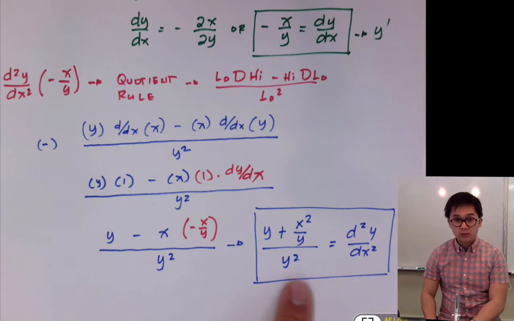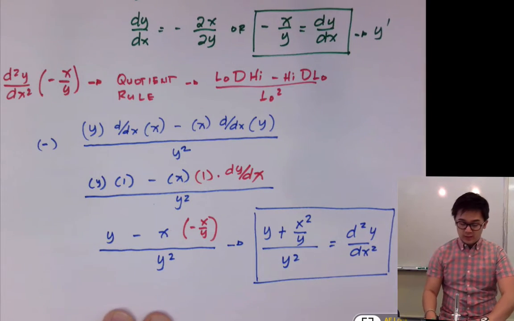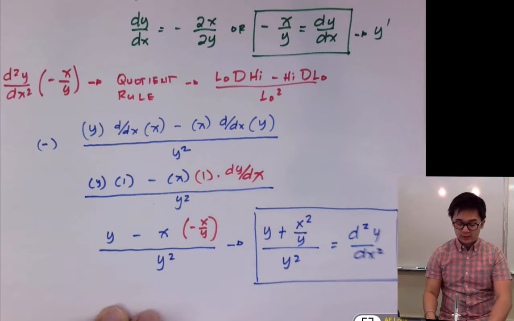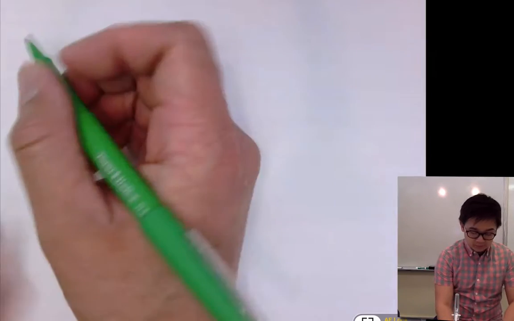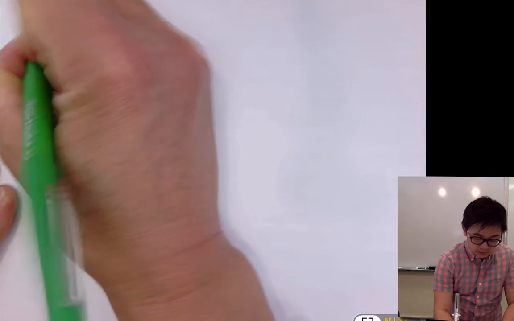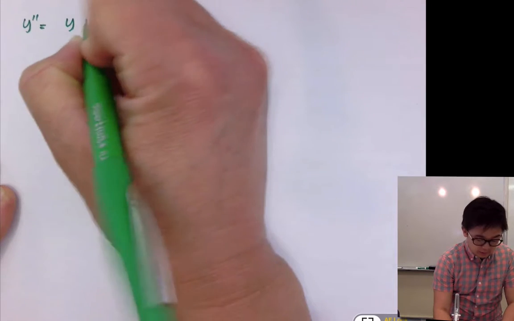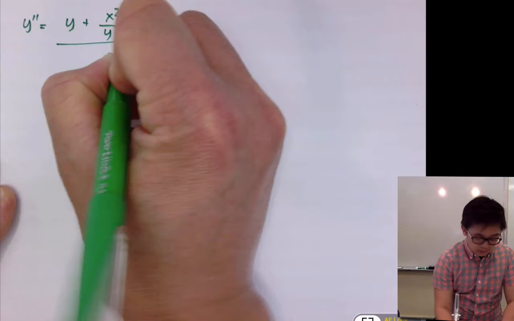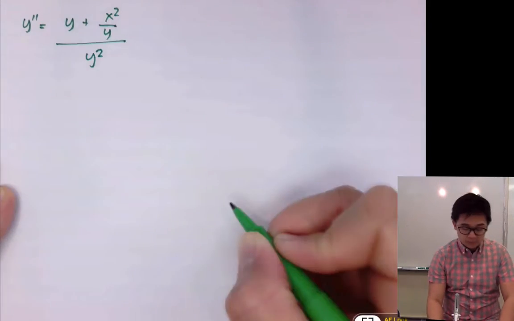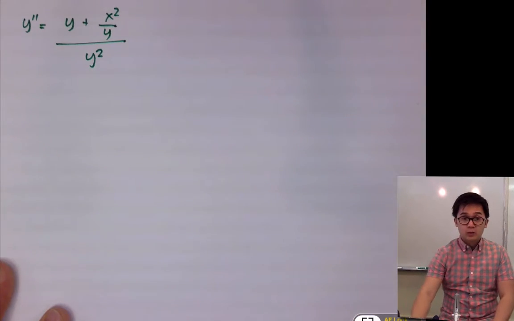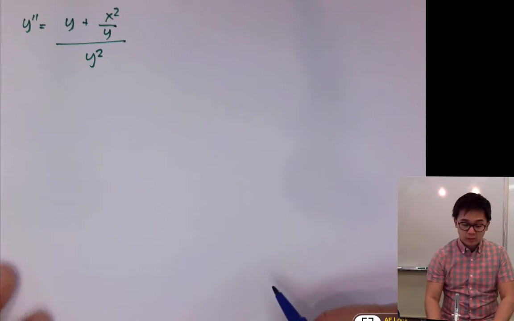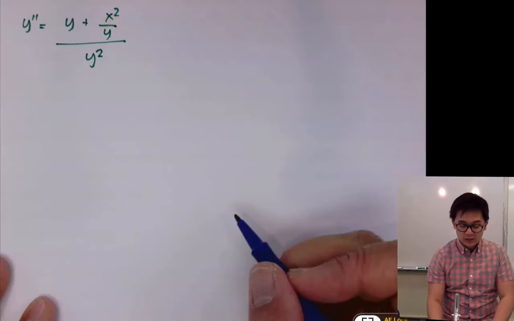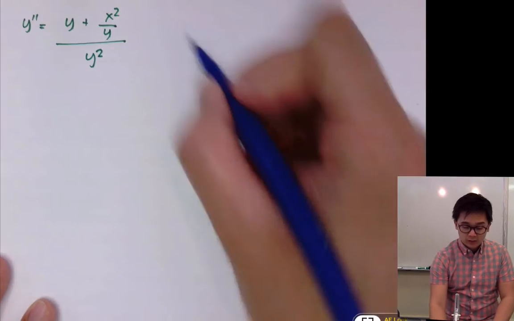So we can still simplify this second derivative by doing this method. So let's go ahead and simplify our second derivative. So our second derivative was y plus x squared all over y divided by y squared. And by using algebra, we can multiply this complex fraction with the common denominator, which is y.